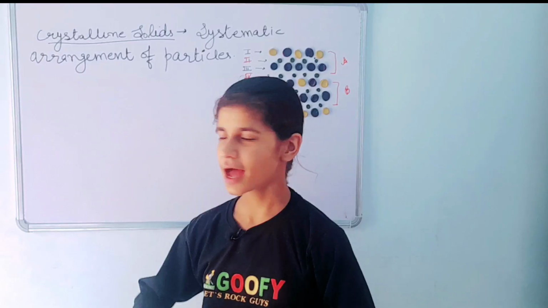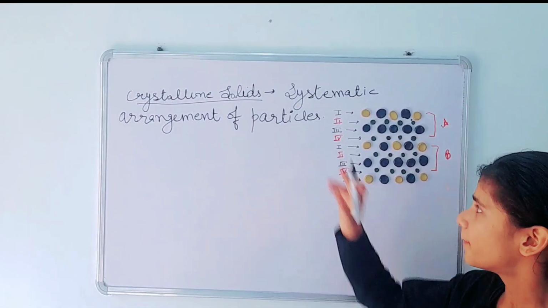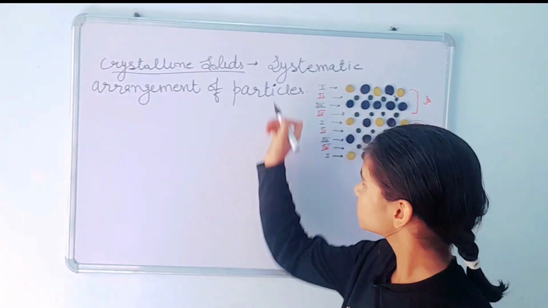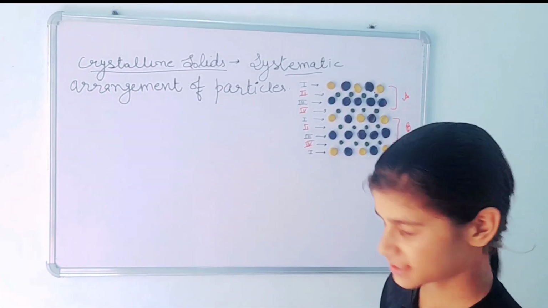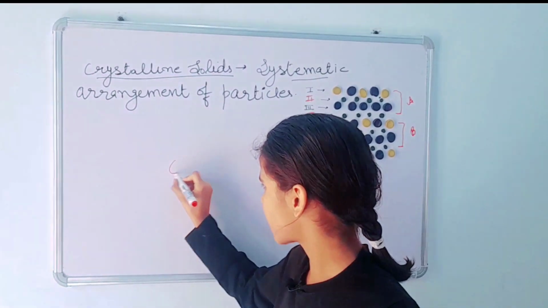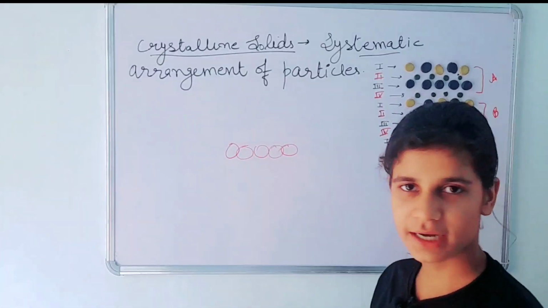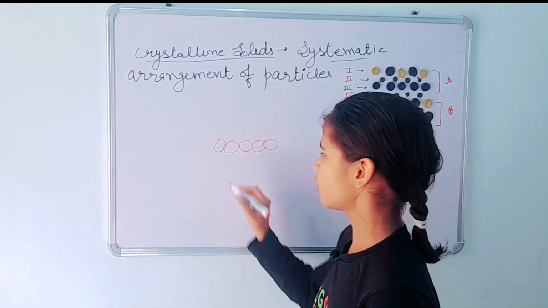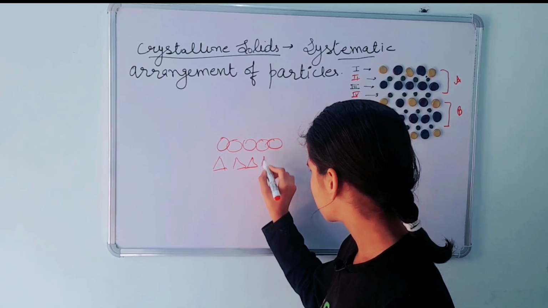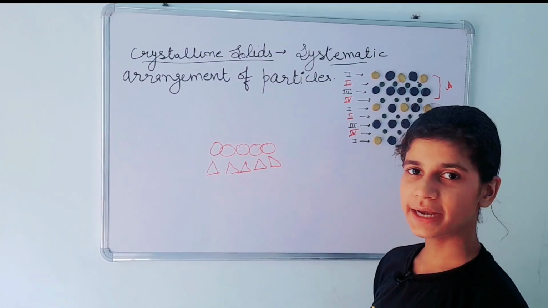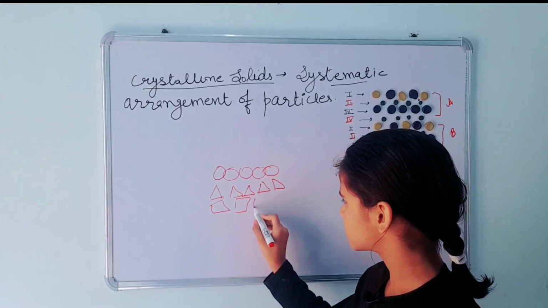Now in crystalline solids, the particles are arranged systematically. Means you can see in the first row these type of particles are here, in the second row this type of particles are here, and in the third row this type of particle is here.